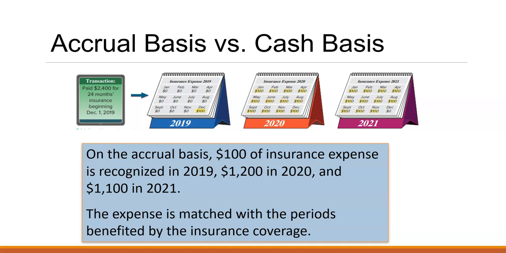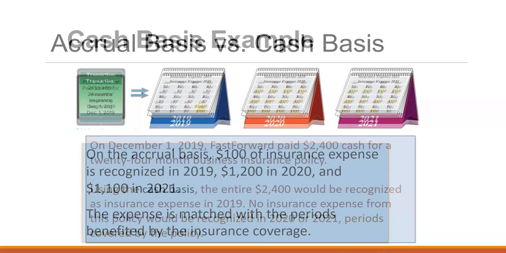This is the matching principle required by U.S. GAAP. So each month we would record a $100 insurance expense for the next 24 months. As we record that insurance expense, we would decrease that asset of prepaid insurance.